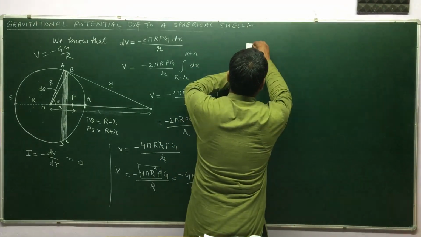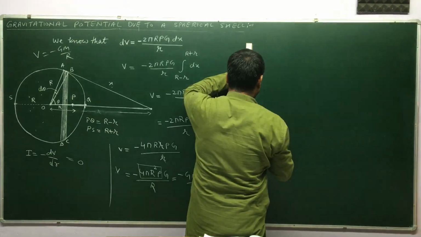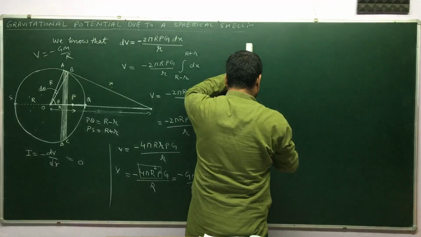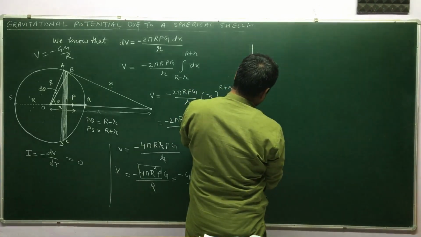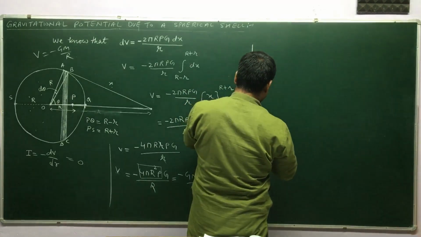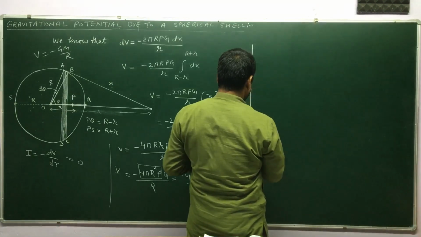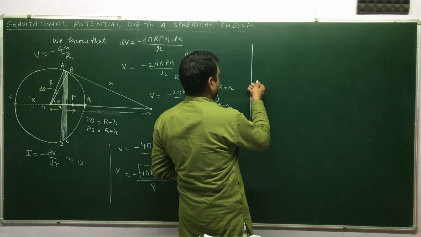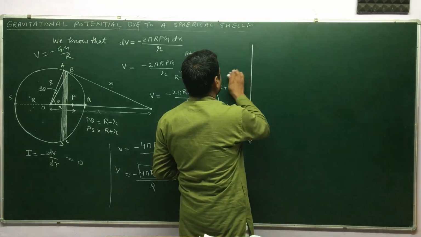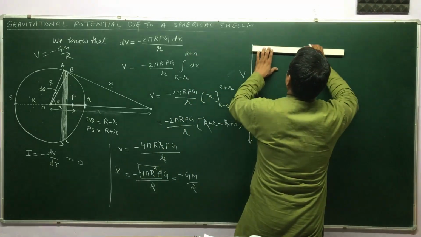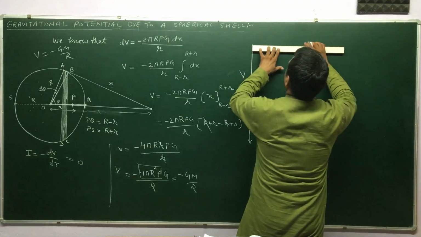And if we represent it graphically, then we have to draw this graph in the fourth quadrant, because we had negative gravitational potential for positive r. So this condition is fulfilled only in the fourth quadrant. Say this axis represents our gravitational potential, which is a negative quantity for all these three cases.